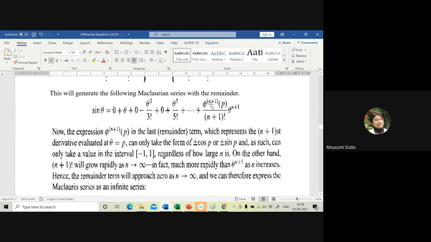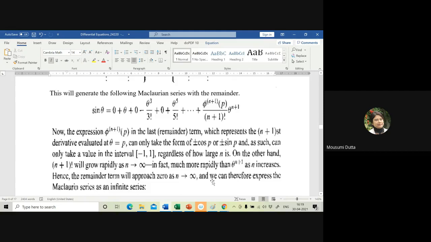This is taking values within a small range, and this is increasing at a faster rate compared to it. So this entire thing will move towards 0 as n tends to infinity. Hence, the remainder term will approach 0 as n tends to infinity.